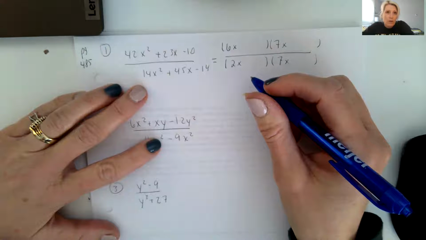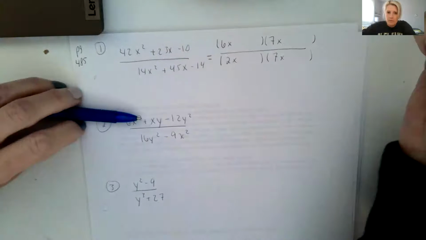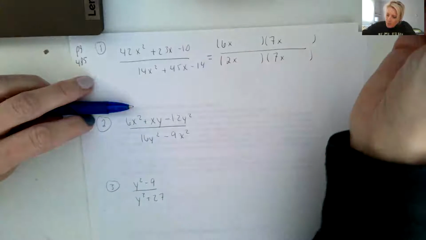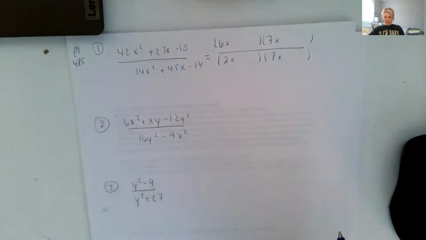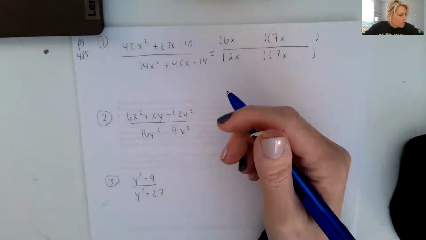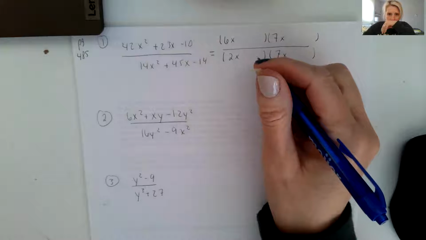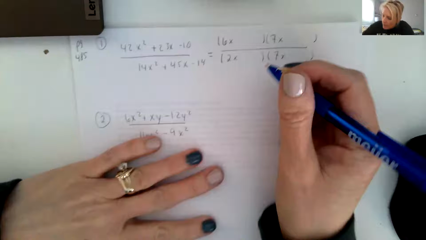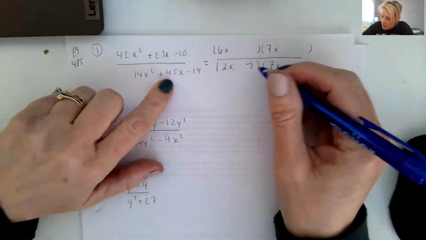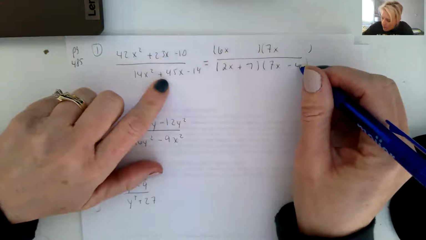49 and 4. So 14 and, oh, okay, yep. So if we do 7, it's going to have to be a negative. So it's going to have to be a bigger 49. 7 times 7 is 49 minus 4 would be 45.